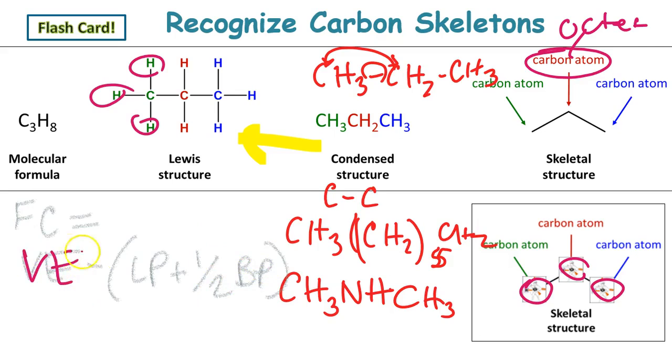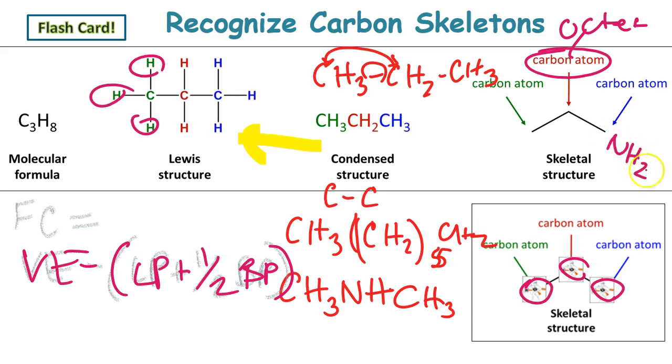So again, if I have my NH2 here, if I want to get the formal charge of nitrogen, I'll say, okay, 5 valence electrons minus lone pairs, which is going to be 2, plus 1/2 of what it's bonding to. So that's going to be 1/2 of 3. Okay? And of course, not 1/2 of 3, 1/2 of 6.